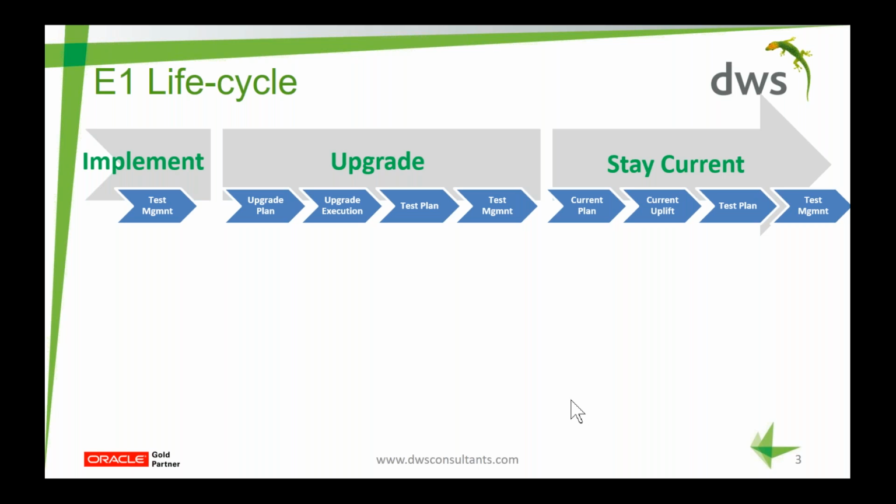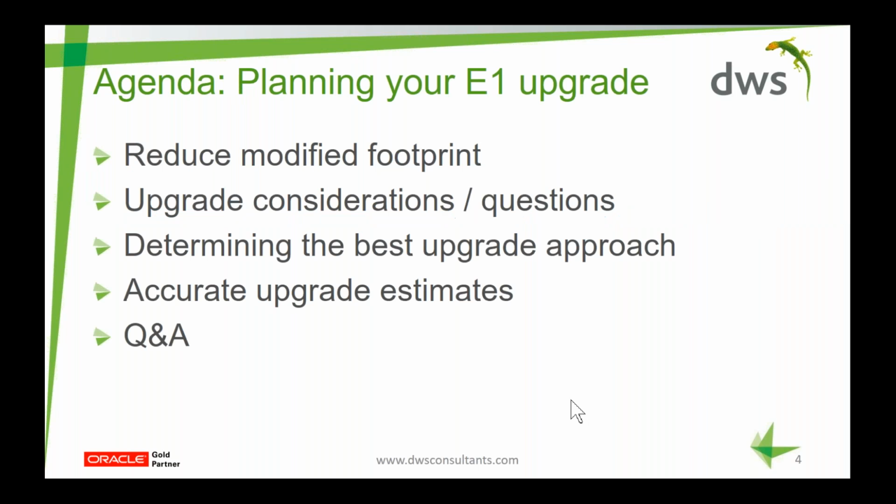Increasingly, people are finding that adopting a code current or stay current policy makes a lot more sense than experiencing major upgrades every 5 to 10 years. But whatever stage you're at with your life cycle, you need to be planning what you're going to be doing, whether it's upgrading or testing, and so planning will play quite a key part in this series of webinars.